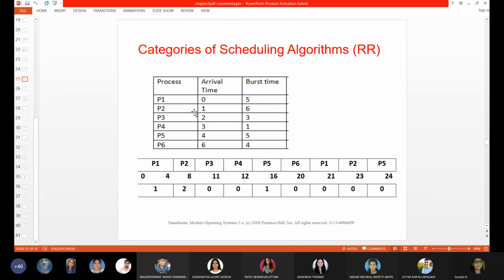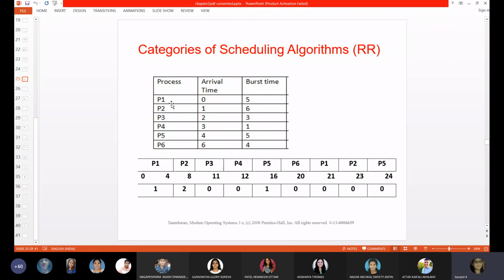So here we assume 6 processes. The arrival time of each process has been given, and the burst time of those processes is also given. Now, this is preemptive scheduling.